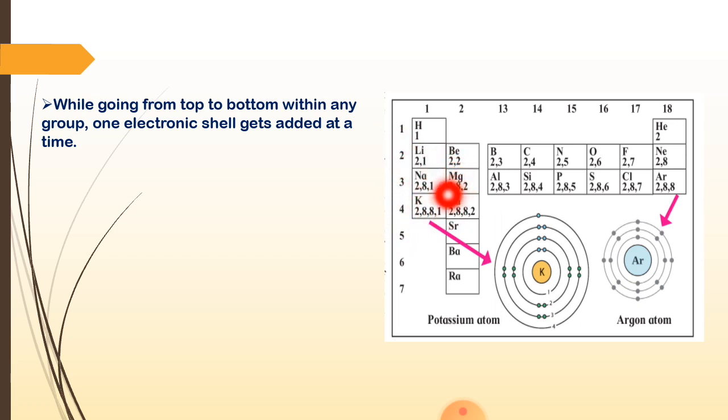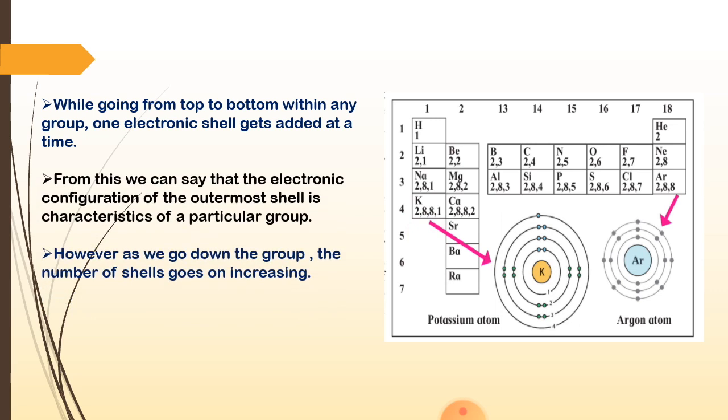Here there are 3 shells, and here there are 4 shells. According to the atomic number, the shells get added. So from this we can say that the electronic configuration of the outermost shell is characteristic of a particular group. However, as we go down in the group, the number of shells goes on increasing. You can see this in each and every group.